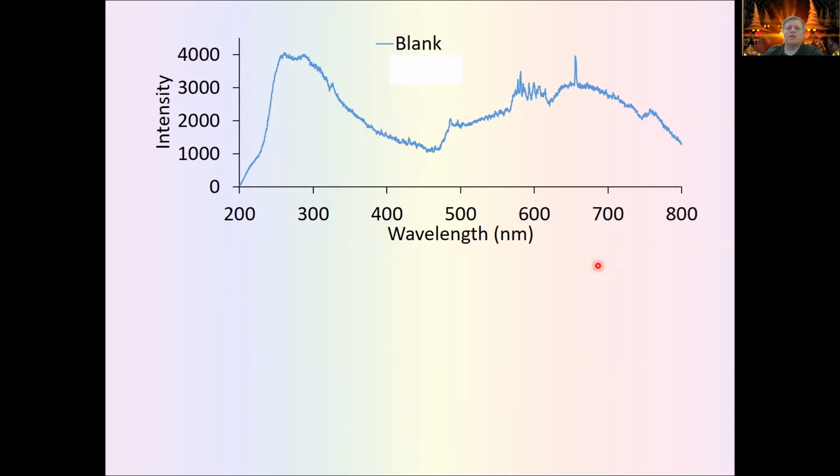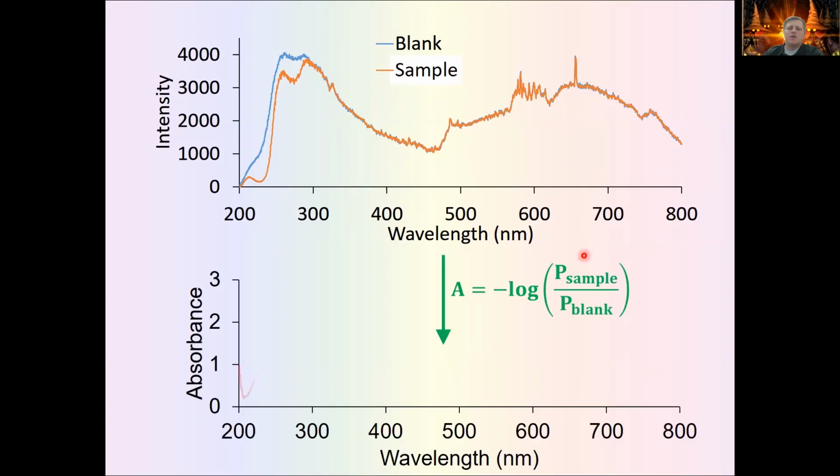Then we're going to take our sample and run it right after that. Our sample's spectrum is this orange one. We're going to take these two spectra and compare them to convert into our absorbance. At each wavelength of light, I'm taking the negative log of the intensity of our sample divided by the intensity of our blank.